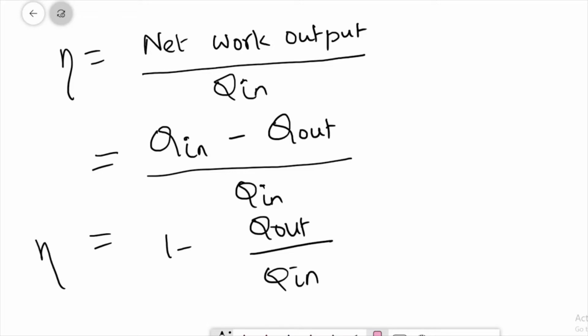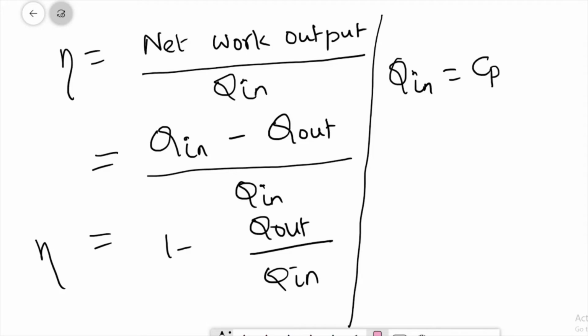We need to understand what is meant by Q out and Q in. Based on our previous diagram, Q in is the enthalpy change, so we can write Cp into the temperature difference.